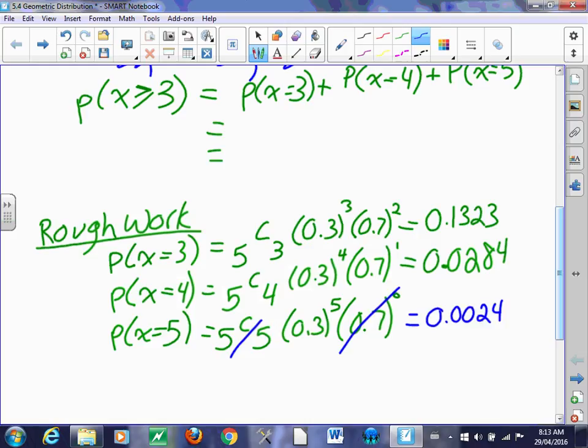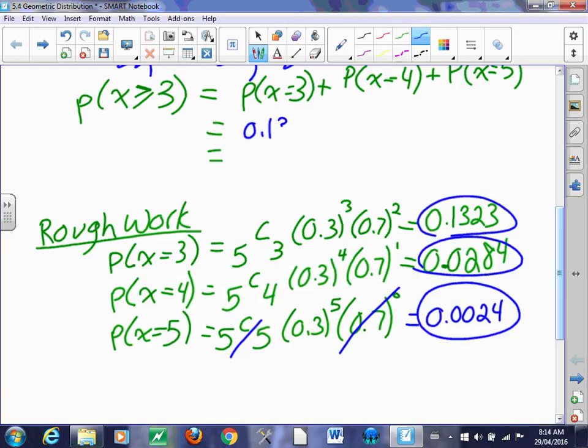0.0024. Okay, so I'm going to take my answers 1, 2, and 3, and add them up in here. So I've got 0.1323 plus 0.0284 plus the last one, which is very, very small, 0.0024. Add them all together, and we get 0.1631.